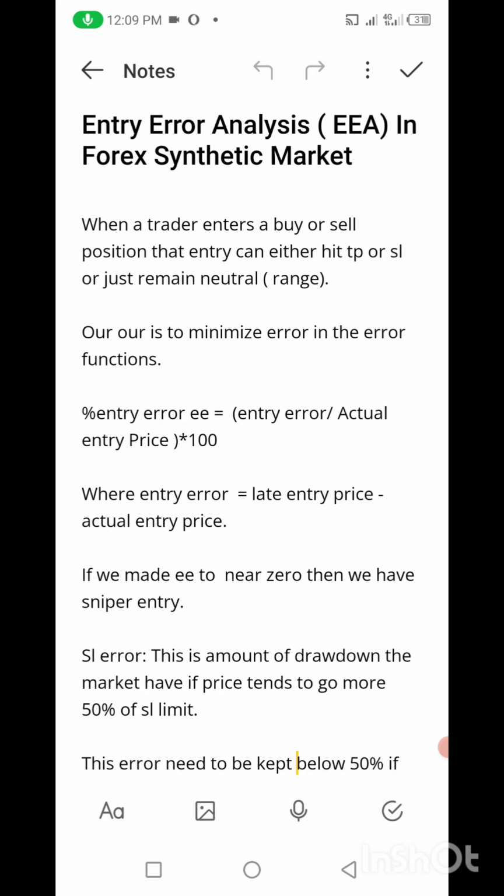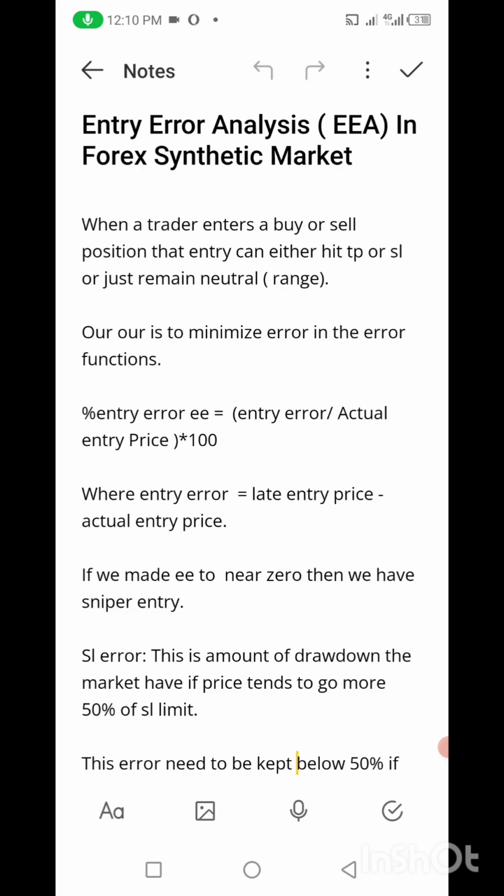Pretty much we'll be discussing error analysis as a function of price without paying much attention to time, but at the advanced level, which is beyond the scope of this topic, the error analysis in the Forex synthetic market in the financial industry should be a function of time and other variables like fundamentals and sentimentals and other factors that influence price movement in the financial industry.